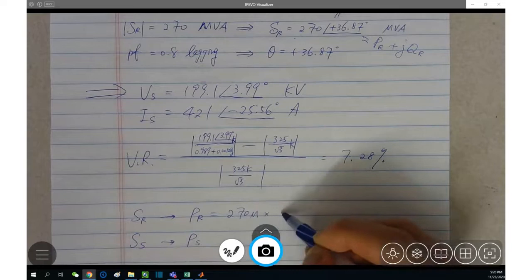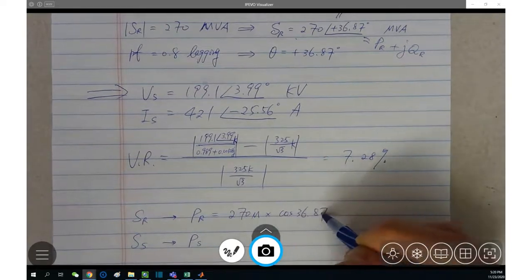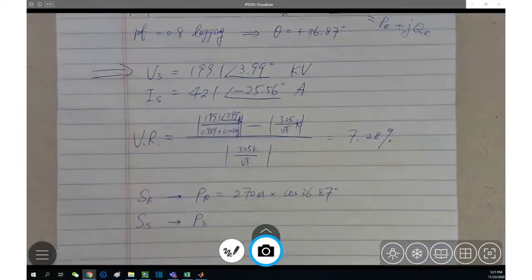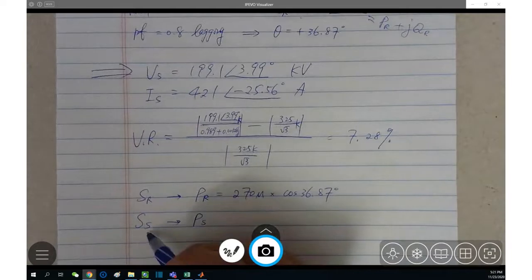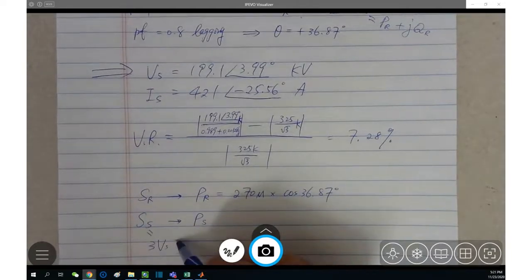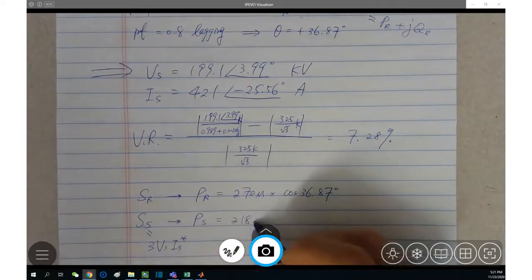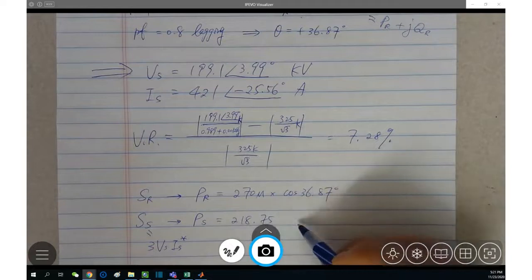How to find PS? PS needs SS. Don't forget, we already got VS and IS, right? We can find SS, and the real part of it is PS. PS turned out to be this many megawatts.